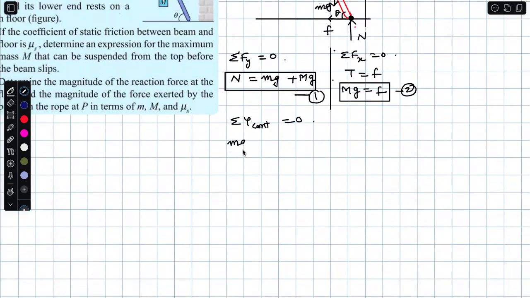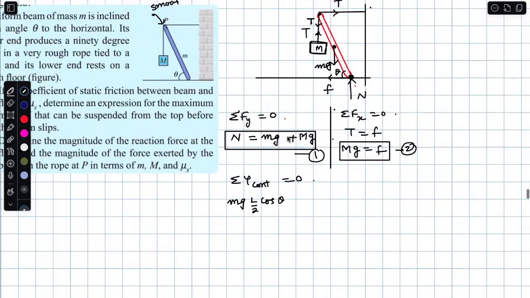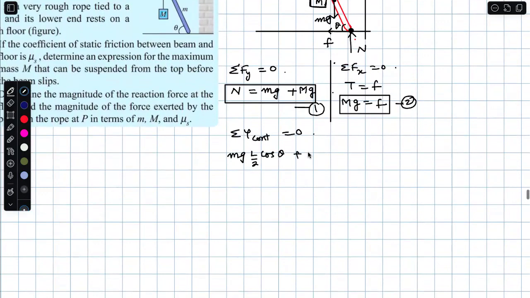Therefore, mg L by 2 cos theta is anticlockwise torque. And mg L cos theta is also anticlockwise torque. And one more is also there. The other is, actually, I should write this as T. T. ECL students, I hope you are following. T times L sin theta.